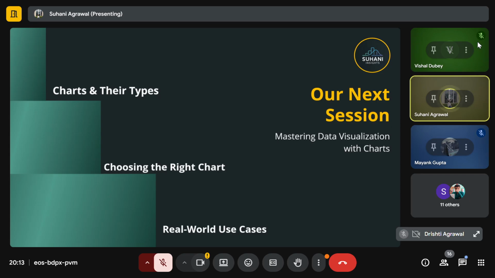And if you are okay with me posting your ratings or feedback on LinkedIn, you can indicate that in the form. For our next session, the topic will be charts and their types. In that we'll talk about which charts we should focus on, what data sets or data parameters are available, and then which chart type we should follow, because choosing the right chart makes or breaks the data.